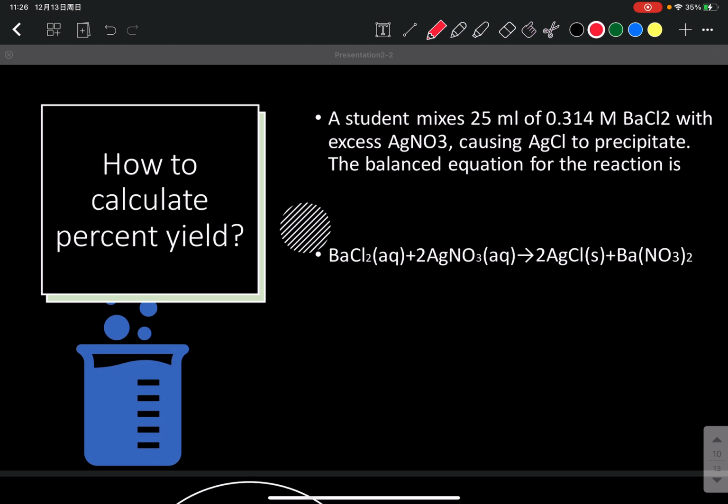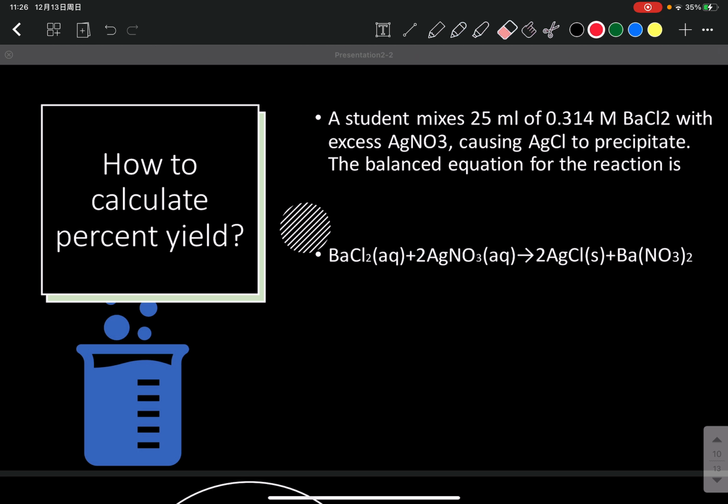So, how do we calculate percent yield? Here is an example. A student mixed 25 mL of 0.314 BaCl2 with excess AgNO3, causing AgCl to precipitate.